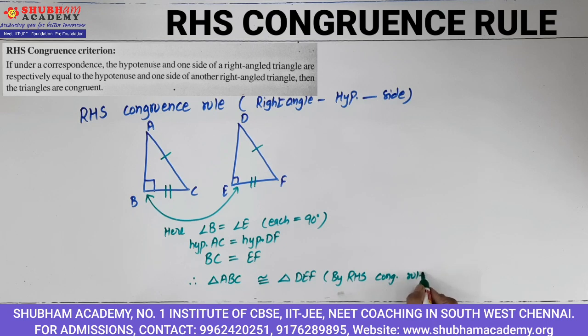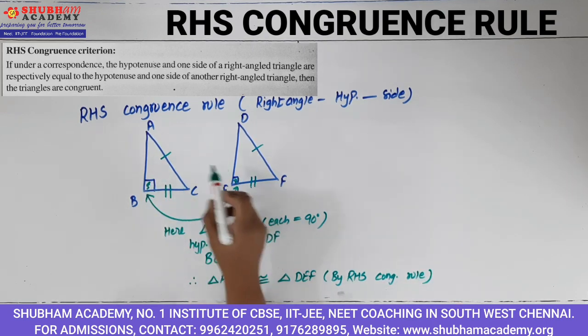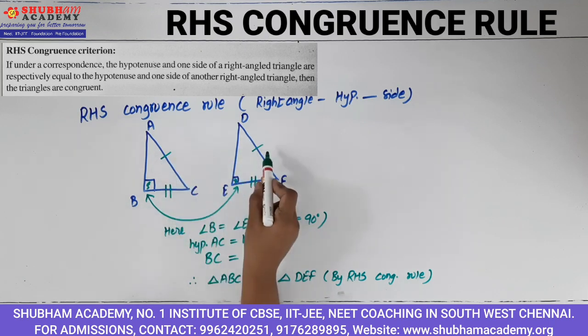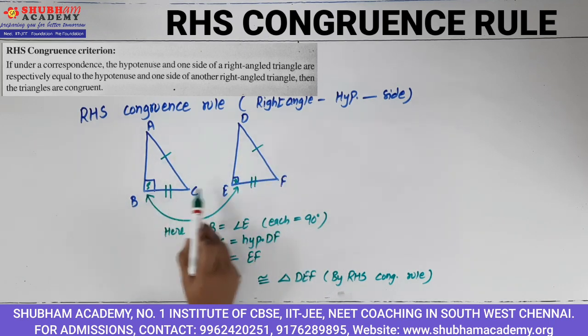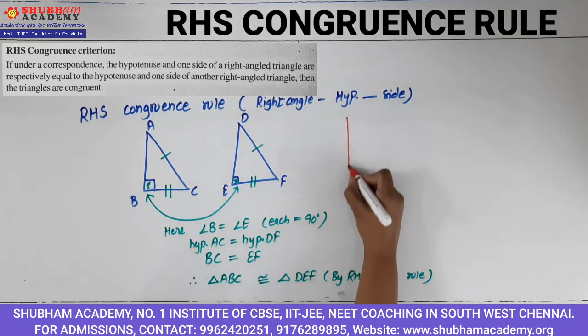RHS congruence rule, that is right angle in both, then hypotenuse is equal in measurement and one of the sides are equal. So one more possibility for this, I will draw the another possibility also.